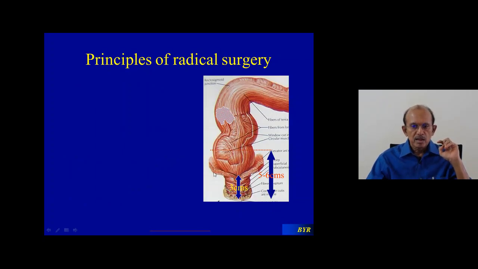Okay, this is the levator ani muscle. This is the rectum. Now, the rectum can be divided into 3 parts: upper 1/3, middle 1/3, and lower 1/3. If the tumor is in the upper 1/3, what can you do? You can remove the rectum 2 centimeters below that.